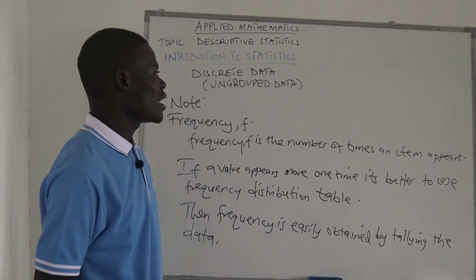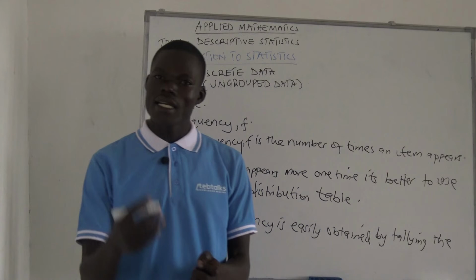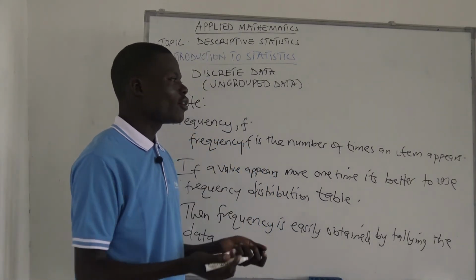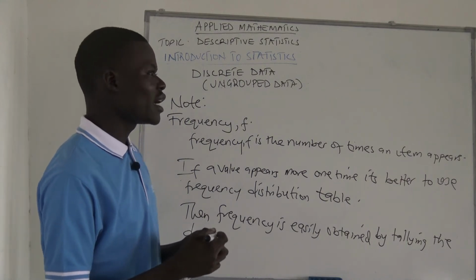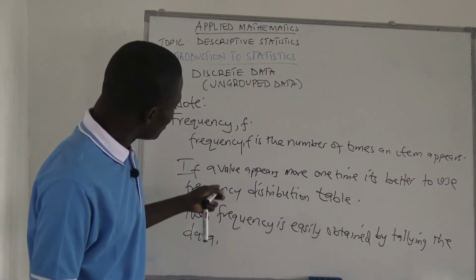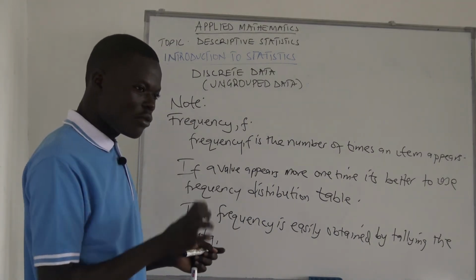When you are tallying the data, it keeps on representing the number of times that data is appearing. Then after finishing the data which you are tallying, you get what we are calling the frequency, which is the number of times that tally you have put.